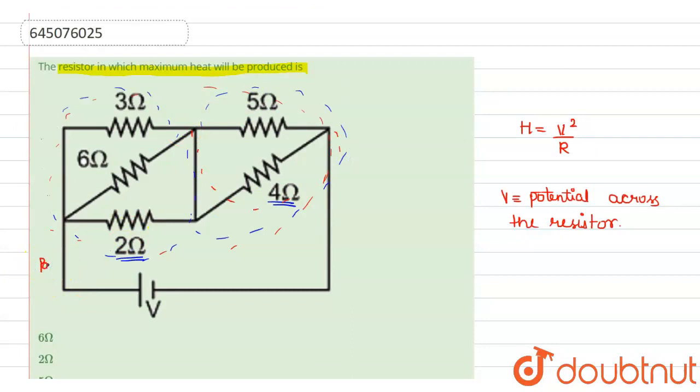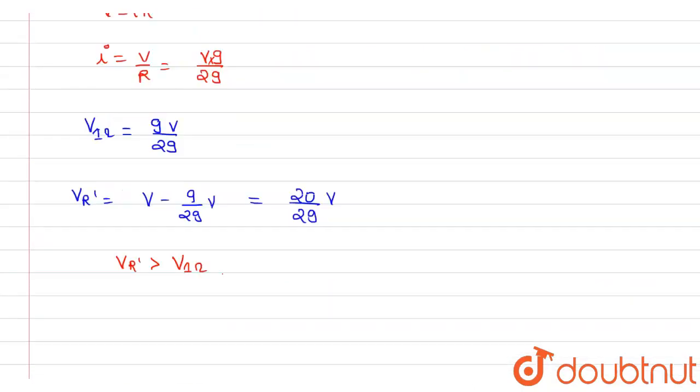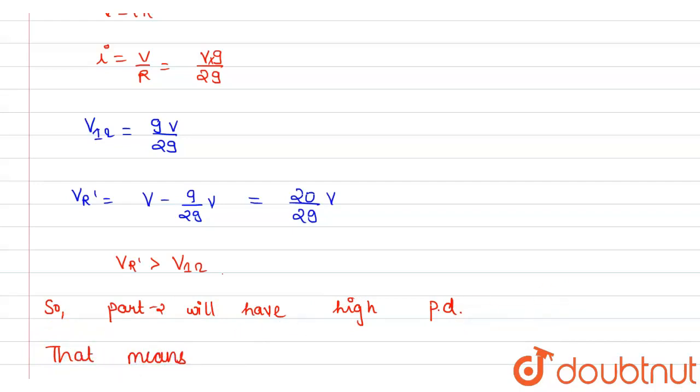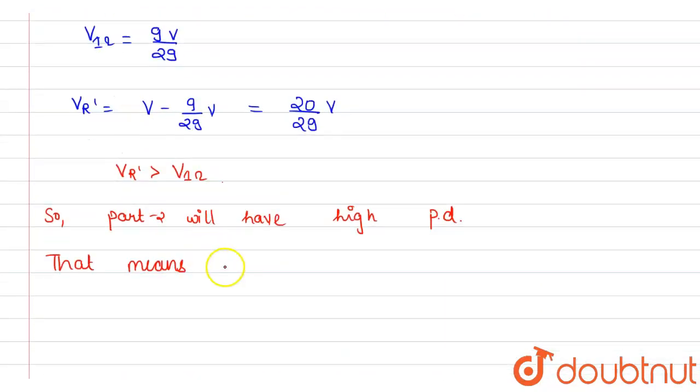So this is our part 1, and this is our part 2. Part 2 will have high potential difference, that means V for part 2 will be greater.